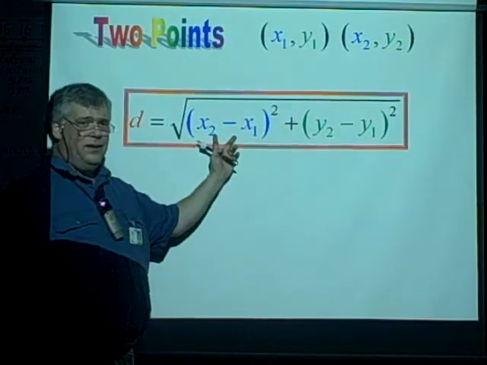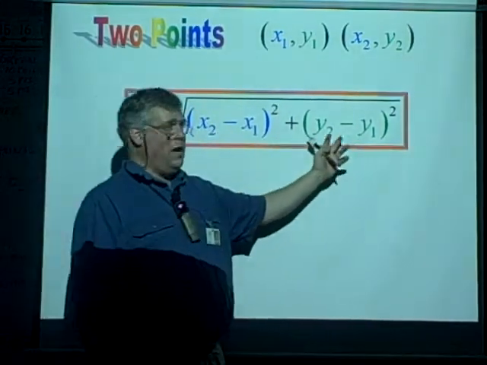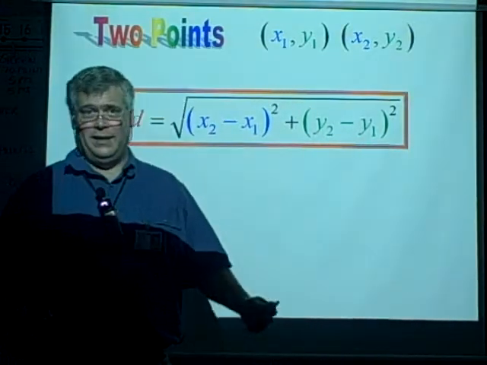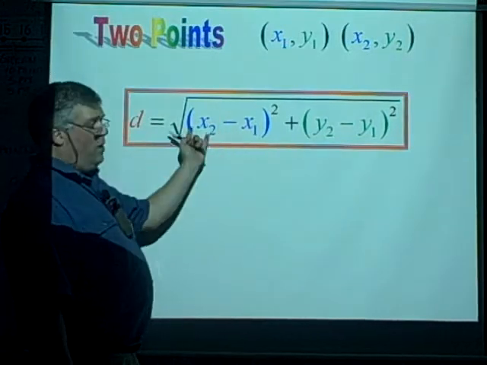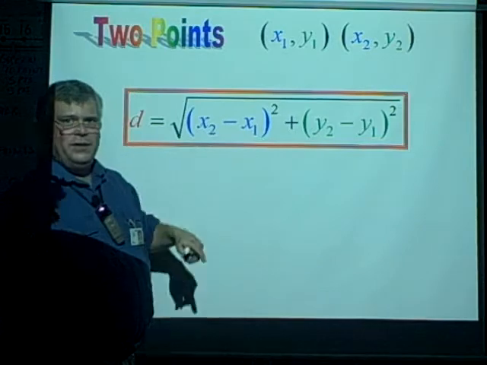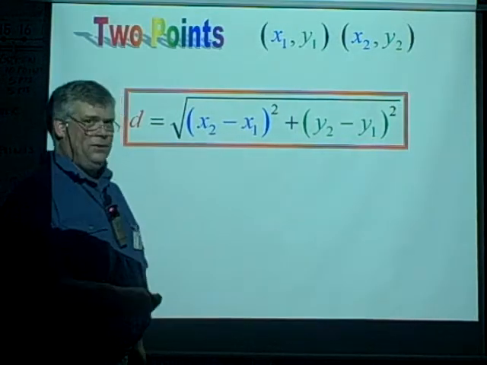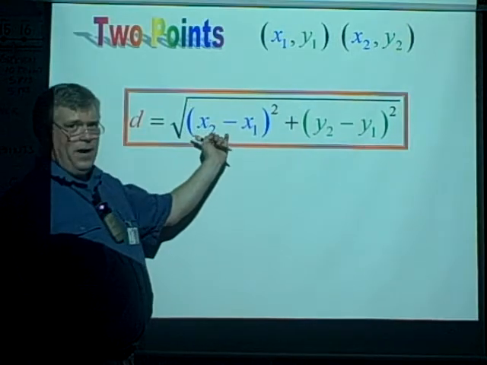Now, as it turns out, it doesn't really matter whether x1 and x2 switch places or y1 and y2 switch places, just like it didn't matter when we did the slope formula. Because if you do it one way, you'll end up with a positive. If you do it the other way, you'll end up with a negative, but the same absolute value. So when you go to square it, it doesn't matter whether you have the positive or negative here.